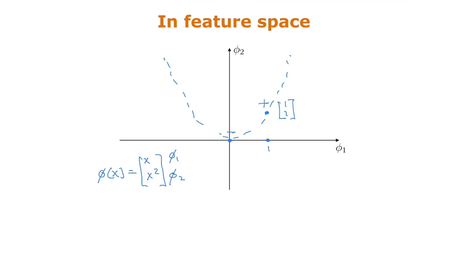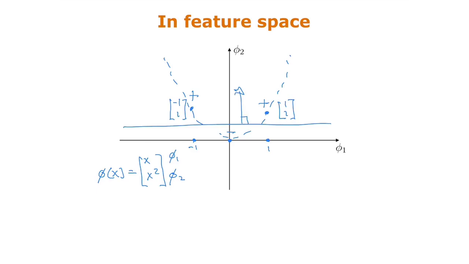And similarly, the example that was at -1 now maps on to feature coordinates corresponding to -1, 1. These examples that previously were not separable are now easily separable by a linear classifier in this space.